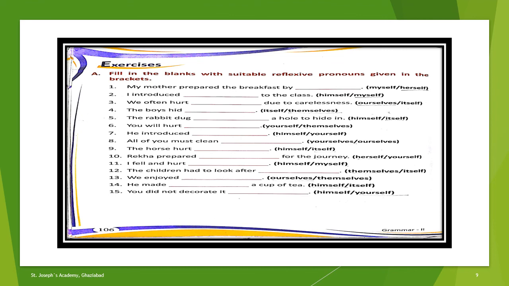So let us just once again revise the definition of reflexive pronouns. What are reflexive pronouns? Pronouns which refer back to the same person, animal or thing as the subject are called reflexive pronouns.